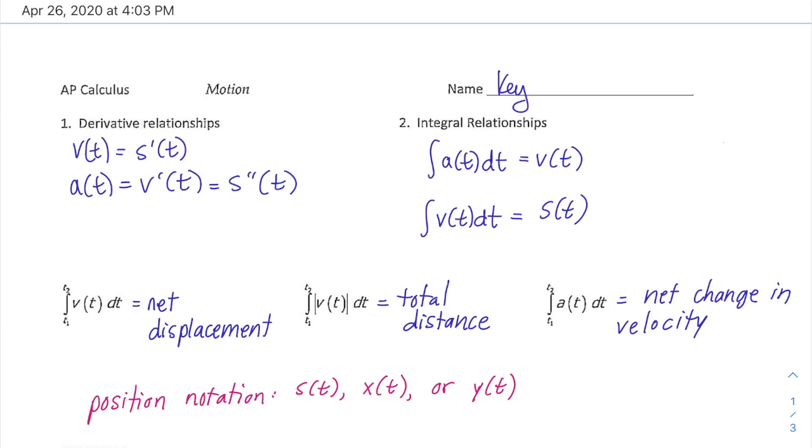So please keep in mind that s, x, or y could all be used to talk about position. If you are going to write position shorthand, make sure you define your function somewhere as s of t is the position function and then go from there. So don't make any assumptions about that.